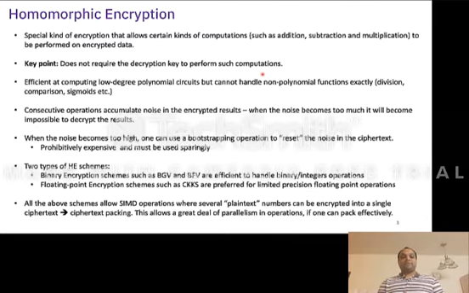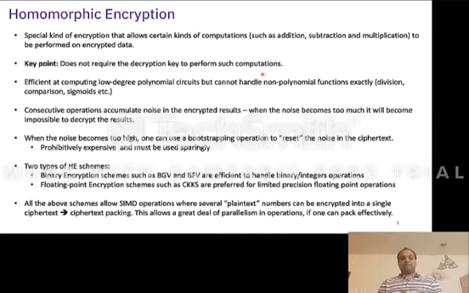Now, we distinguish two homomorphic encryption schemes. The binary encryption schemes such as BGV and BFV are effective in handling non-floating point operations, or integer or binary operations. On the other hand, the floating point encryption schemes such as CKKS are preferred for limited precision floating point operations.